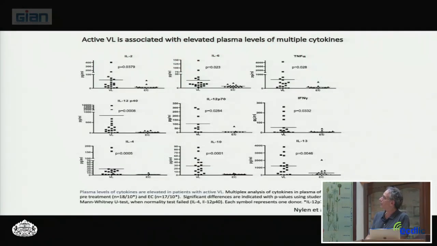absolutely characteristic of disease. This is just looking at plasma levels of multiple cytokines in active cases compared to endemic normals. And just the plasma levels of IL-10 are very characteristic of active VL cases. So they're secreting, putting out a lot of IL-10.